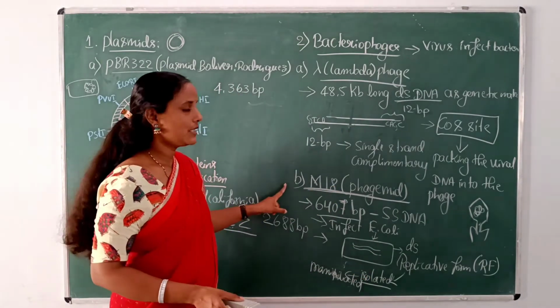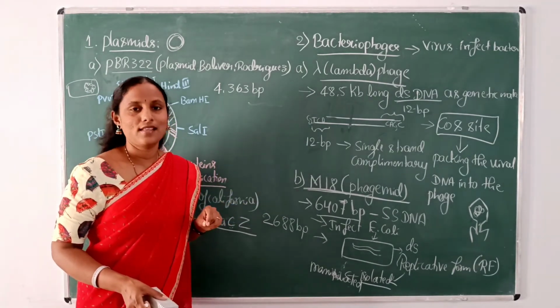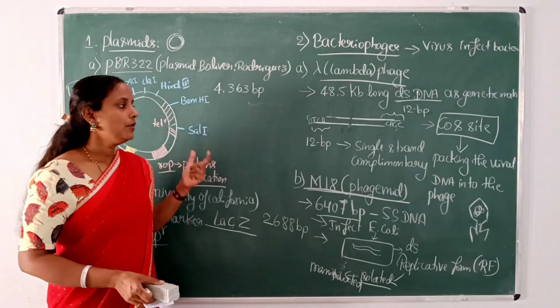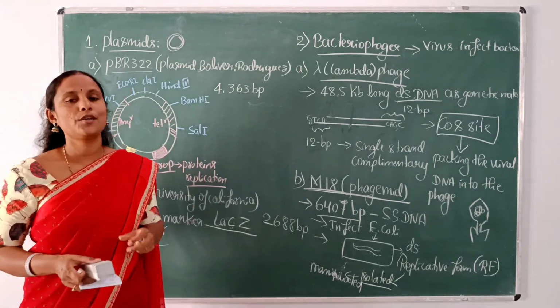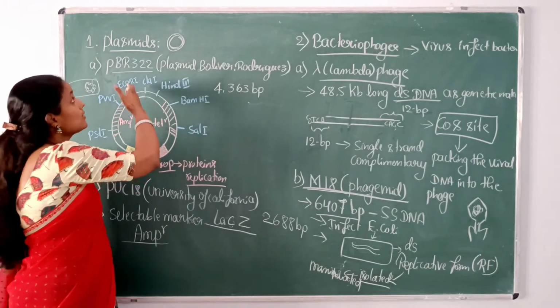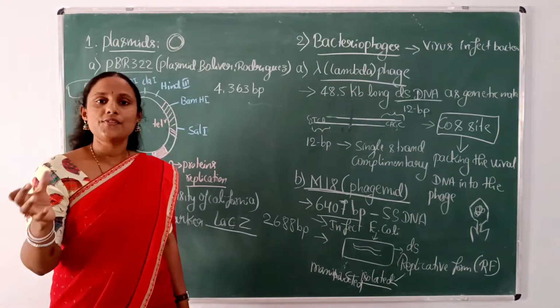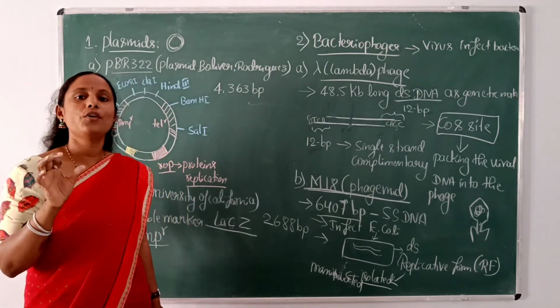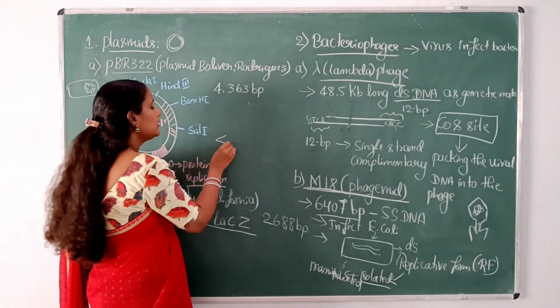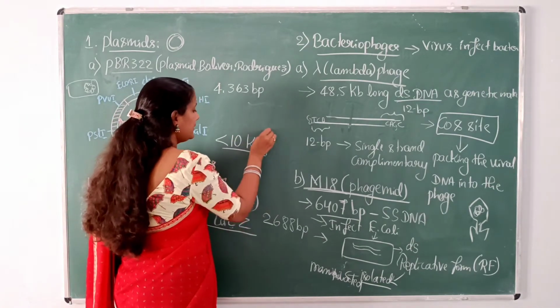So this is the second type of vector, that is bacteriophage as a vector. Now, one more thing you need to remember: plasmids and bacteriophages can transfer the DNA of our interest of length less than 10 kilobase pairs.